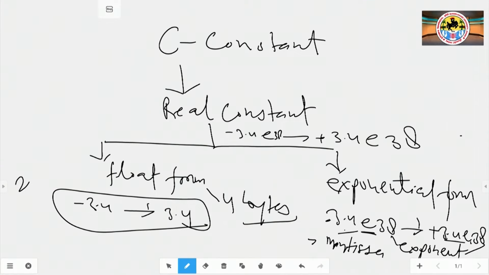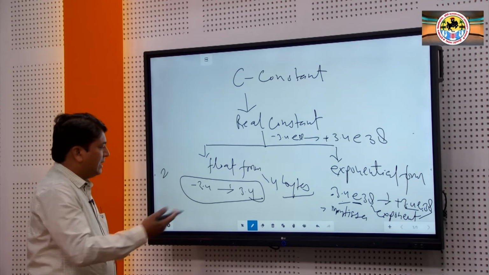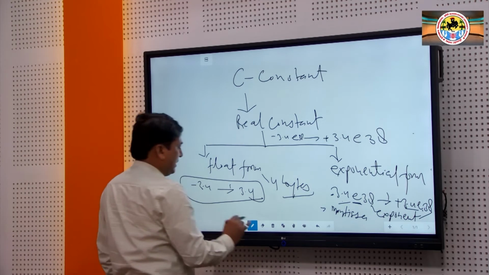It means the value appearing after the E in both negative and positive values is called the exponent part of the exponential form of the real constant, and the value appearing before the E is known as the mantissa part. So, this is what we covered, the meaning of real constant, and next we move on to the character constant.